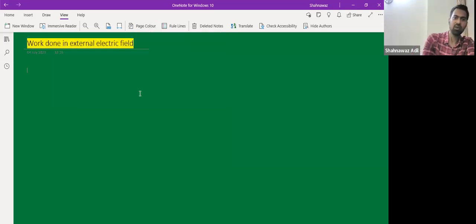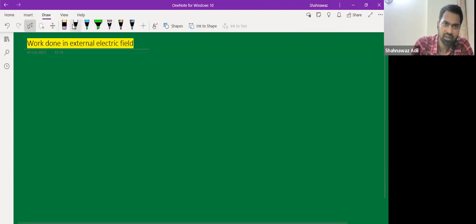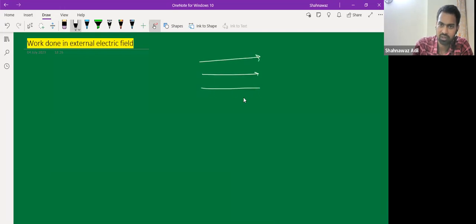You guys already know that if we have an electric field, this diagram you are familiar with. Let's say you have this electric field and this charge Q. So what would be the electric force? The force would be QE in this direction, right, guys?